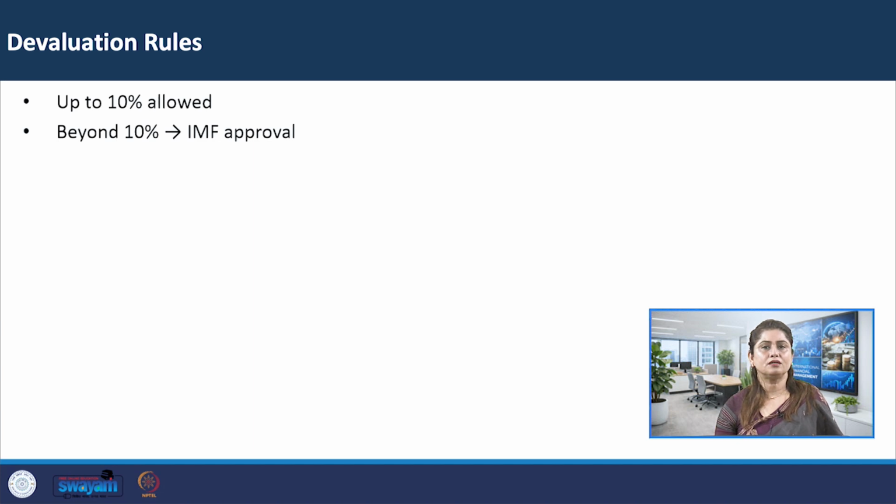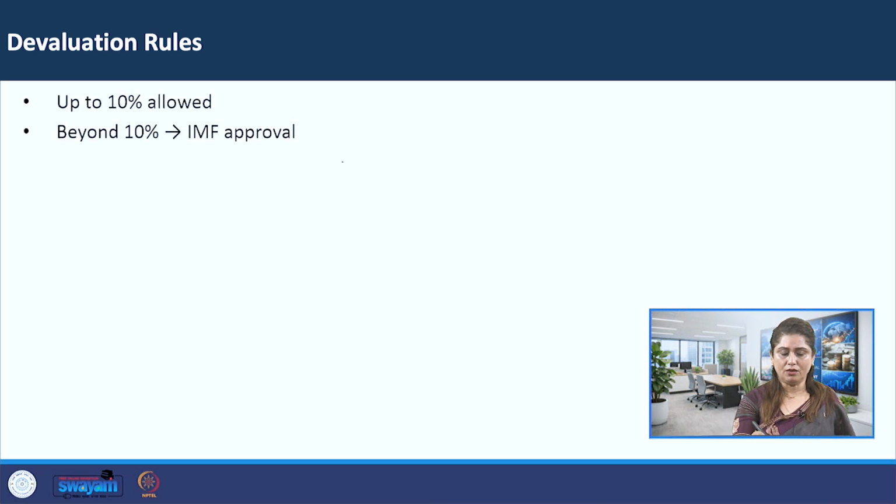However, if a country was facing serious and long term economic problems, what we call fundamental disequilibrium, then devaluation was allowed. There was a rule here. A country could devalue its currency by up to 10% without taking permission. But if it wanted to devalue more than 10%, it needed approval from the International Monetary Fund or IMF.